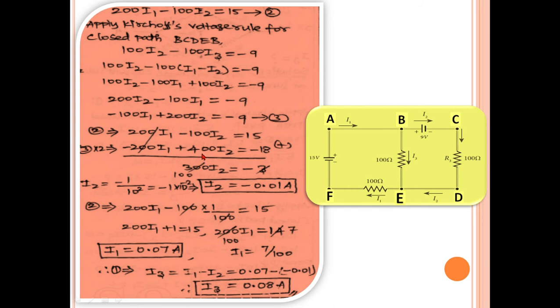The remaining 400 minus 100 gives 300 I2 is equal to minus 18 plus 15, which is minus 3. So 100 I2 is equal to minus 1.